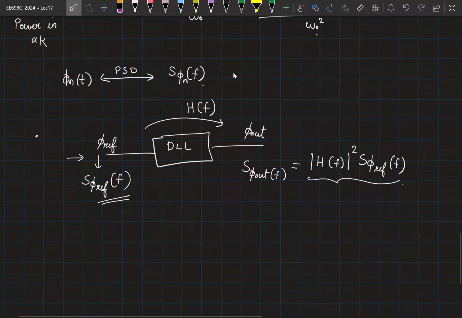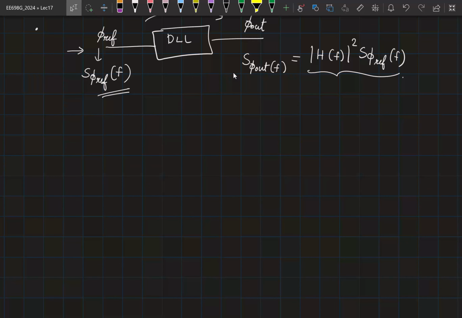What exactly is the power in the jitter signal? Any signal you take, theoretically it is possible to calculate. It's a sequence of numbers, so you can calculate the RMS, you can calculate the power, etc. If you calculate the power, you can also calculate the RMS value. That is a way to quantify the jitter characteristic: how much signal is consuming power and how much jitter is consuming.